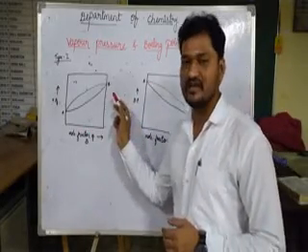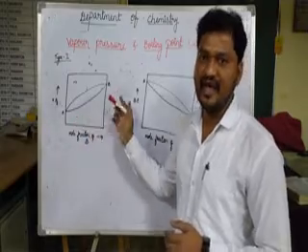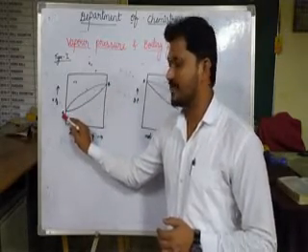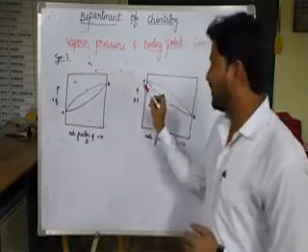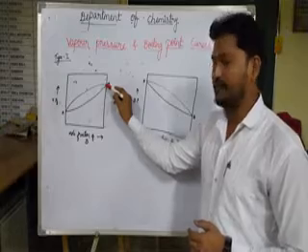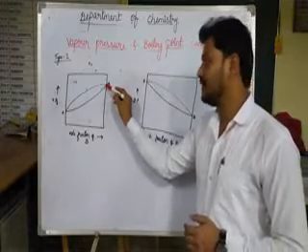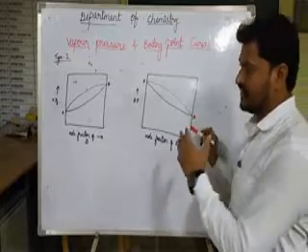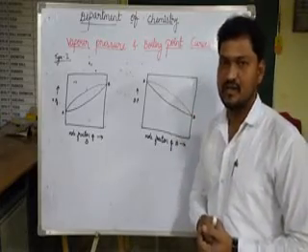Here I have considered two components A and B. As A has lower vapor pressure, its boiling point will be higher, and B has higher vapor pressure and its boiling point will be lower. So this is how we can observe in the curves.